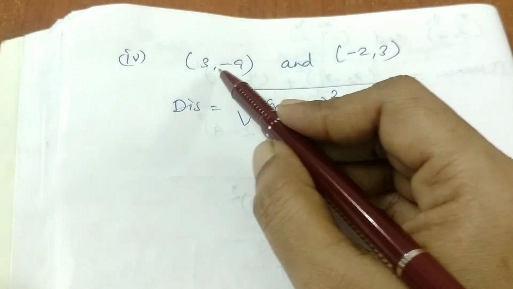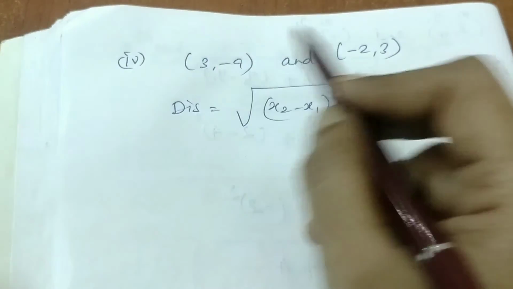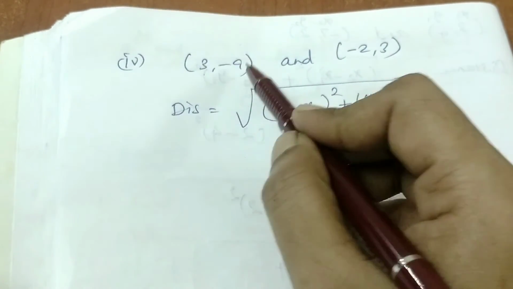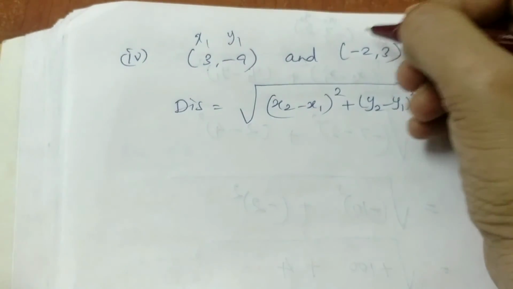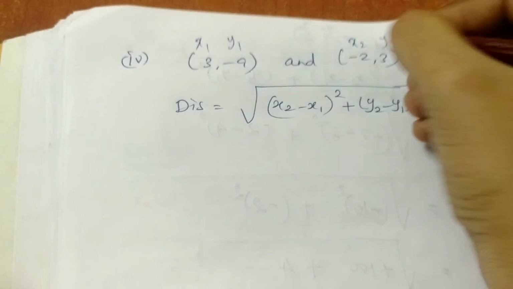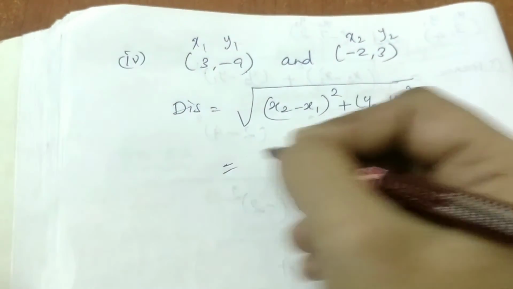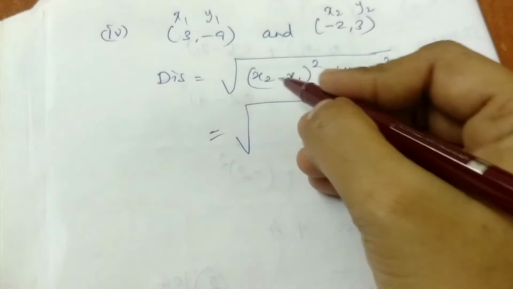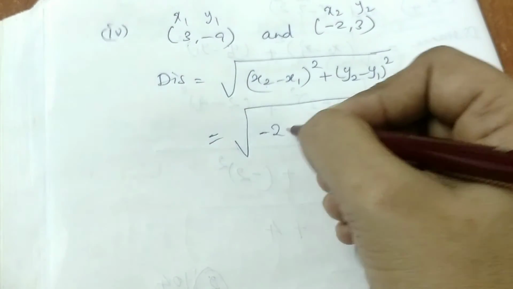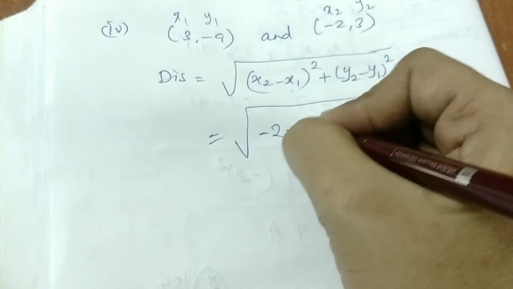Fourth subdivision. We have to find out the distance between these 2 points: (3, minus 9) and (minus 2, 3). So take this point as x1, y1, this point as x2, y2. Substitute all those values in this formula. X2 is nothing but minus 2, minus x1 is nothing but 3.